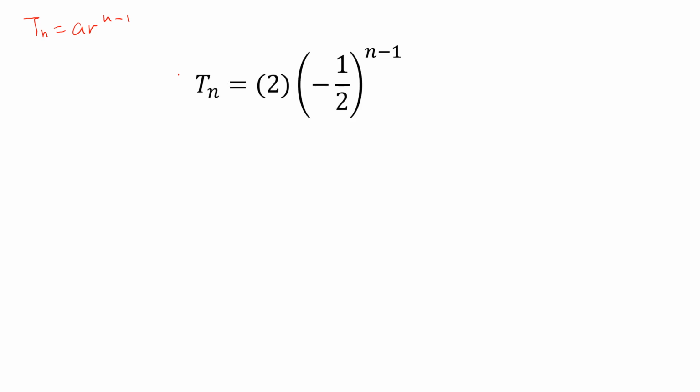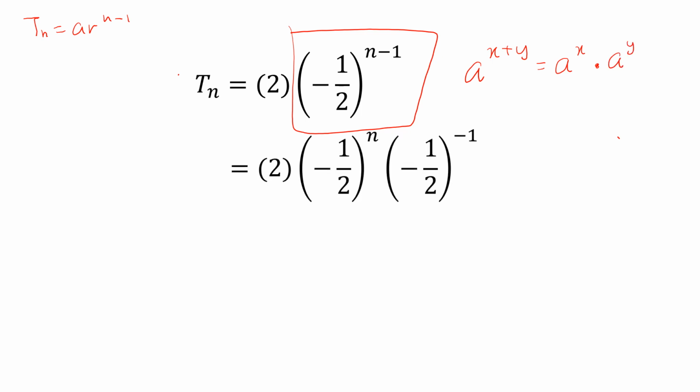Next, we need to find the nth term. The formula of Tn is AR to the power of n minus 1. So we substitute the value of A and R. Then we have to simplify this expression. You can use the properties of indices that we have learned in the first chapter, which is a to the power of x plus y, we can change into a to the power of x times a to the power of y.